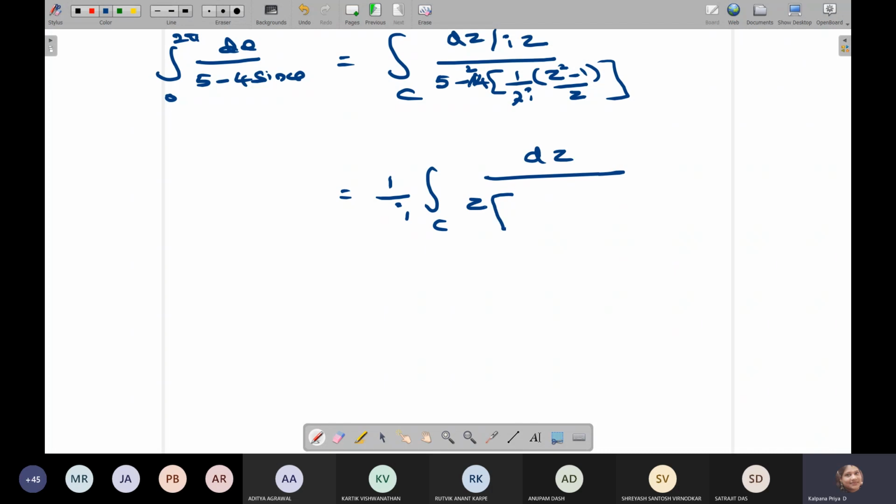Now 5iz minus 2z squared plus 2, divided by iz.